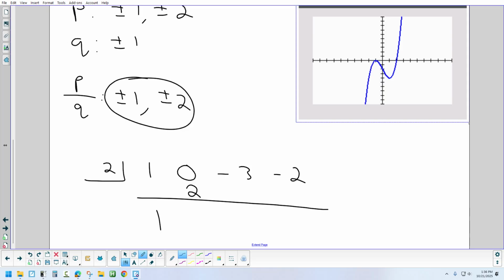Yeah, add them. 0 plus 2 gives me 2. 2 times 2 gives me 4. Add up 4 and negative 3 and we get how much? 1. Now multiply again. 2 times 1 gives me 2. Add that last column and you get 0. So we've just definitely shown that 2 is a root.